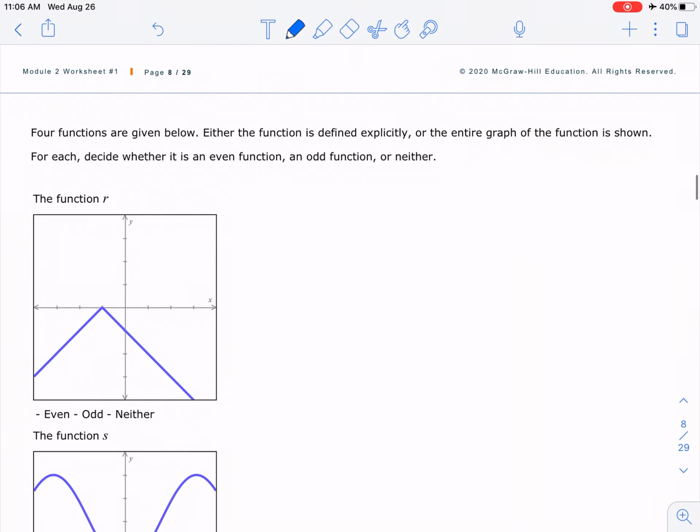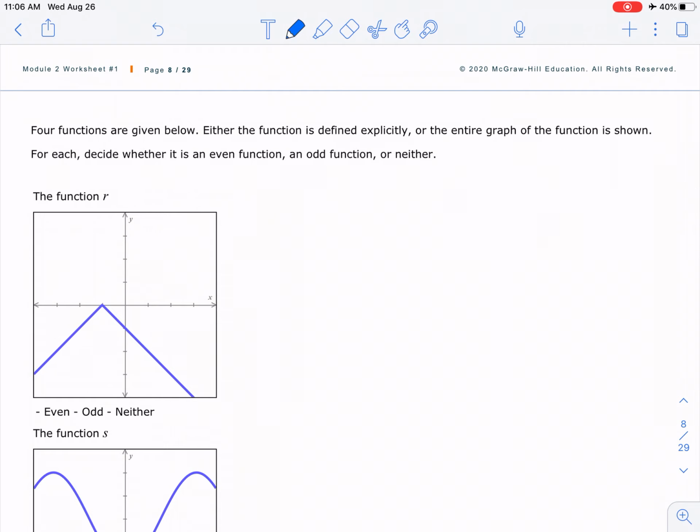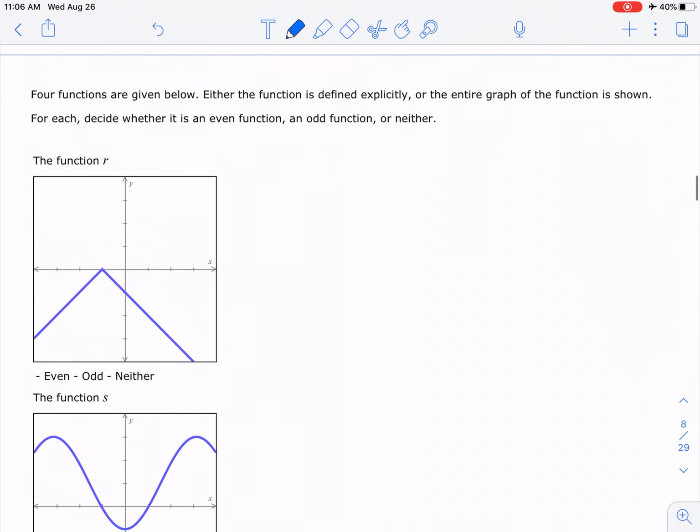Now let's take a look at odd and even function. So I just want to recall for even function, your graph is symmetric with respect to the y-axis.